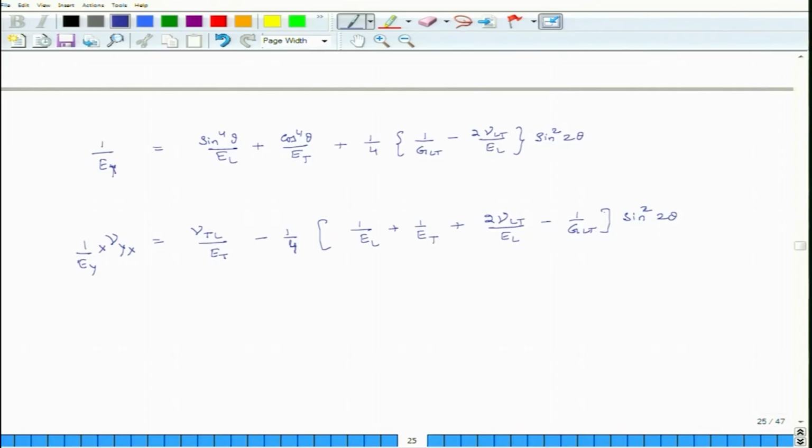And the third relation, so there is a little confusion on the left side, so I will just make it explicit.